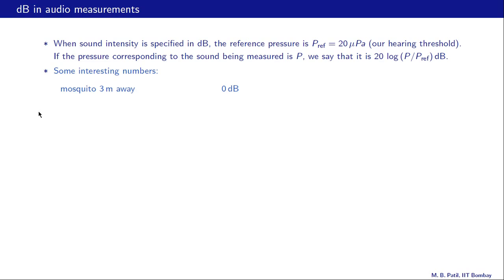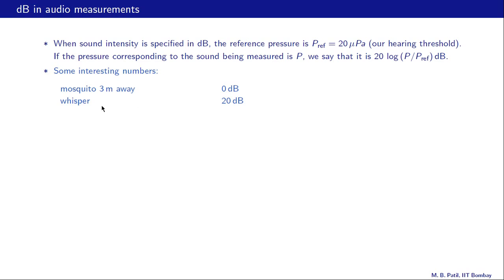Here are some interesting and useful numbers. 0 dB corresponds to a mosquito buzzing around about 3 meters from a person, and this of course assumes that that person is in a soundproof room with no other sounds around. So that is about our hearing threshold.